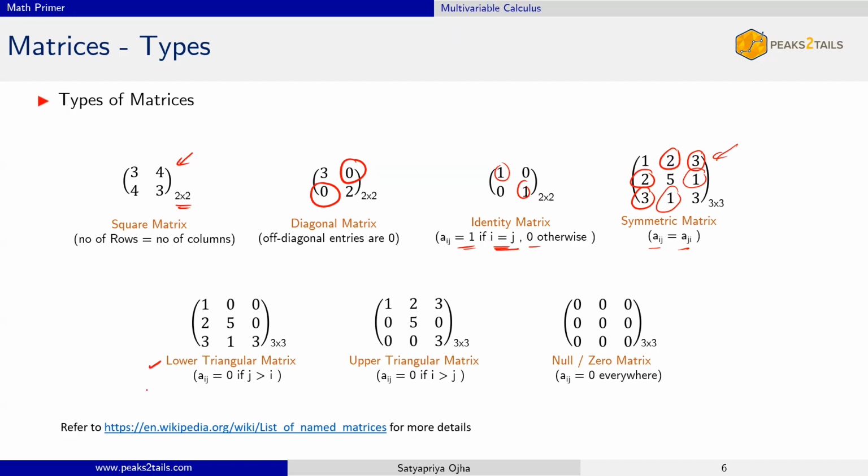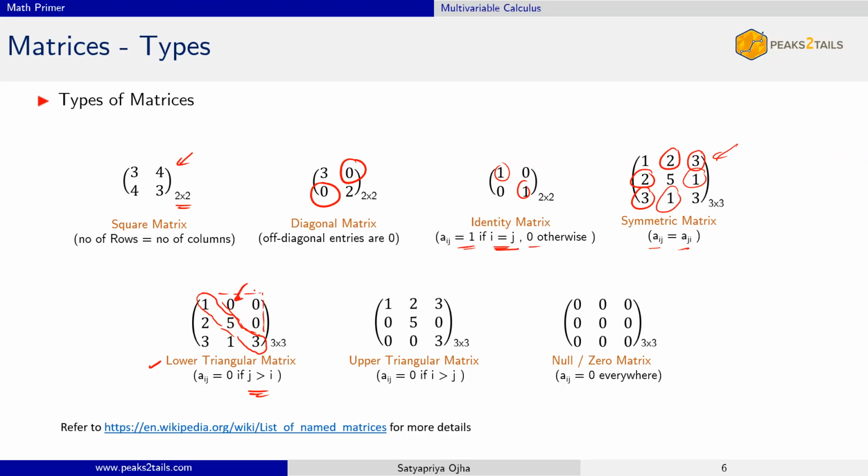Lower triangular matrix. For a lower triangular matrix, the condition is above the main diagonal, entries must be 0. What is the main diagonal? This is the main diagonal. Above that, everything should be 0. Then it becomes a lower triangular matrix. The condition is if j greater than i, then it must be 0.